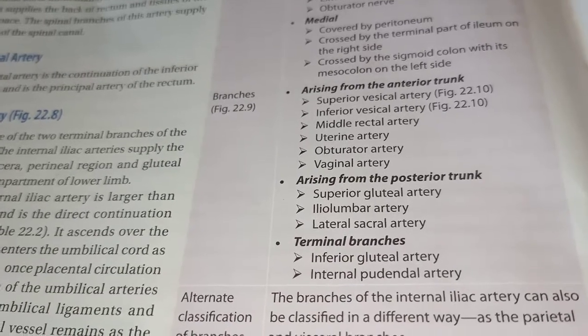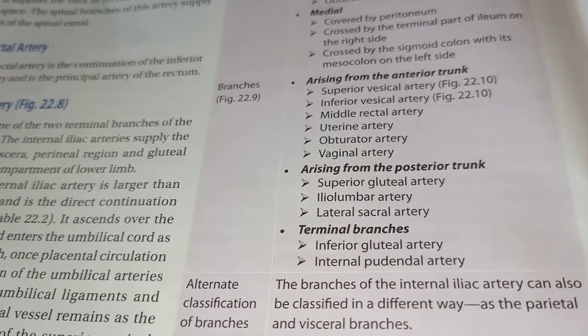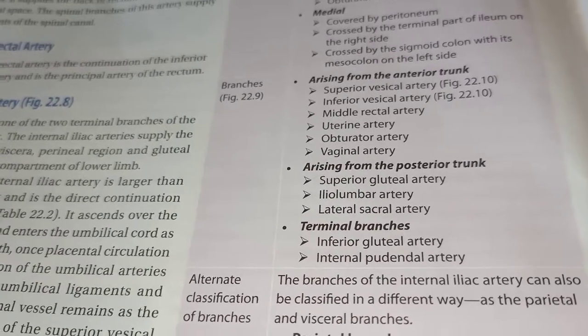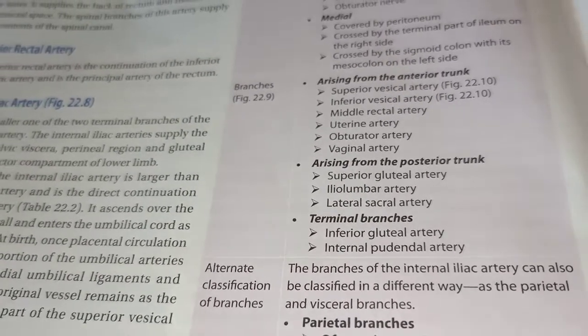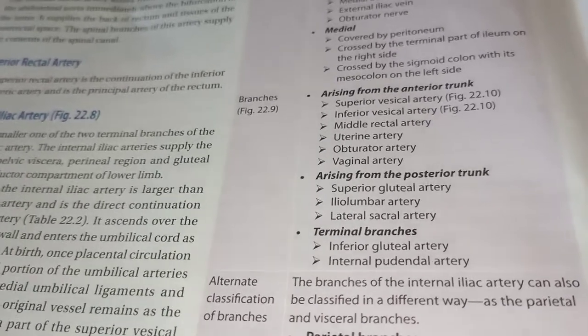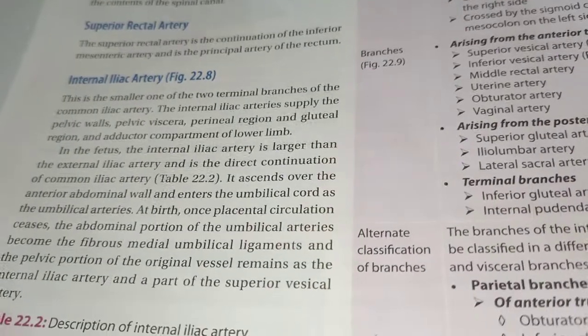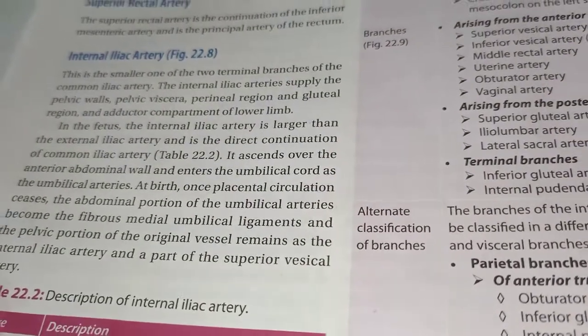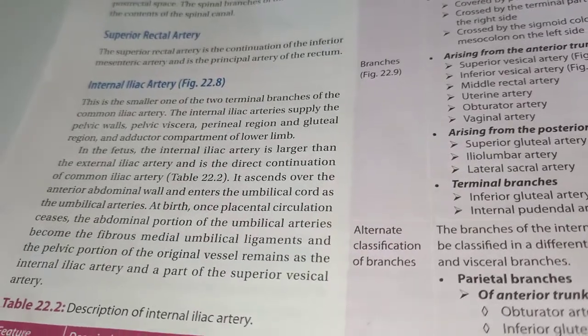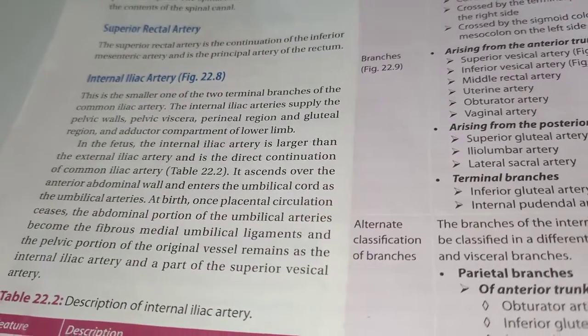The common iliac arteries descend down at the level of the lumbosacral intervertebral disc in front of the SI joint. It forms internal iliac and external iliac. The internal iliac descends down in front of the SI joint. It will reach the greater sciatic foramen and there it divides into anterior and posterior trunk.